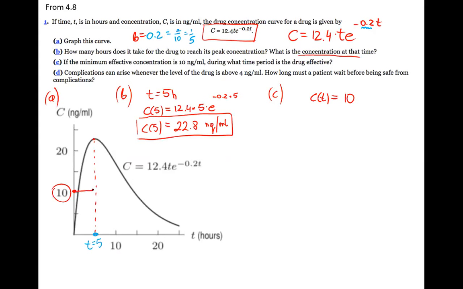Then I will write a horizontal line because this is my time. Let's say t sub 1 and t sub 2. We have to know the time because they are asking during what time period.